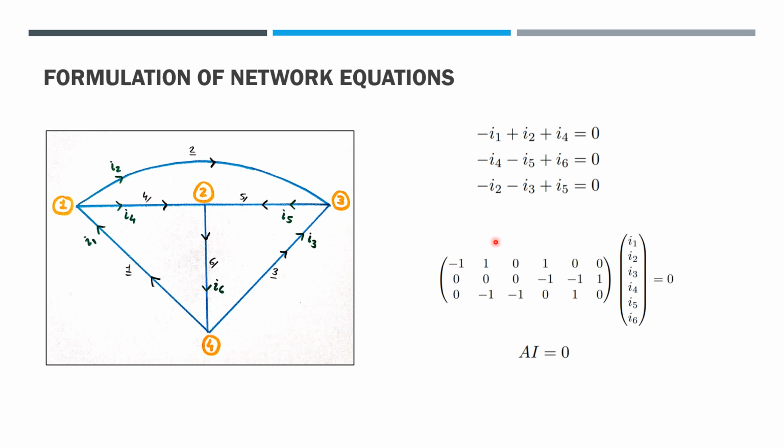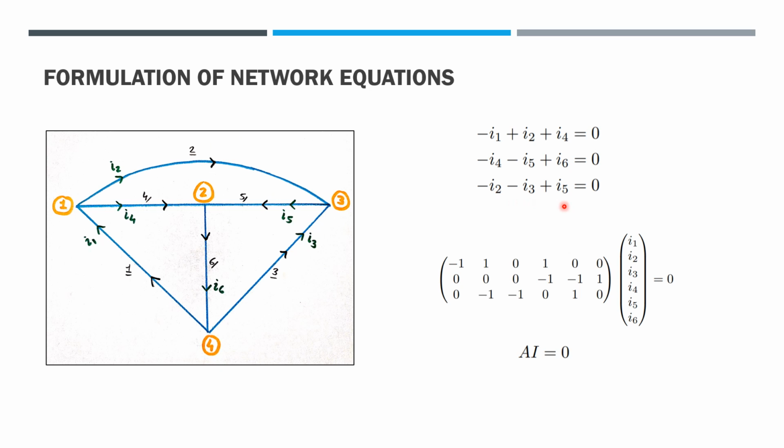Minus I1 plus I2 plus I4 is equal to 0. This is our first equation of KCL. Then minus I4 minus I5 plus I6 is equal to 0. This is our second equation of KCL. Then minus I2 minus I3 plus I5 is equal to 0.